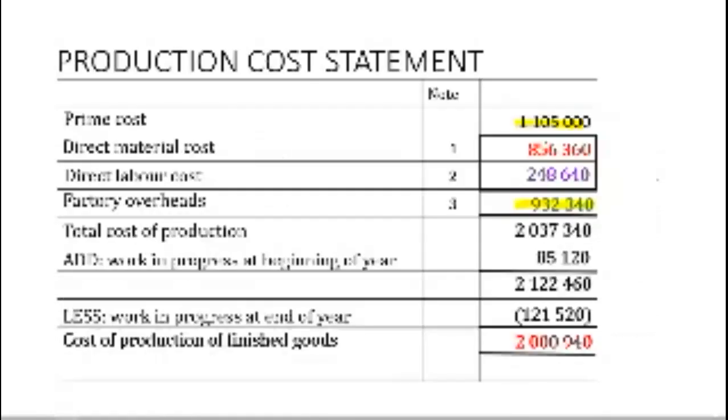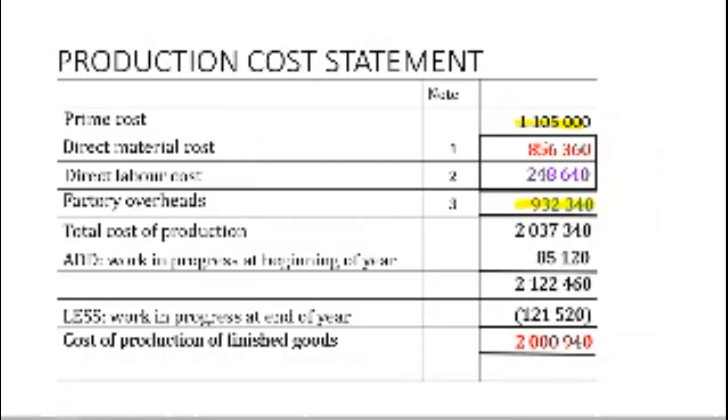Let's say they ask you to calculate cost of producing each unit. When they ask you for cost of producing each unit, you are going to take that 2,940,000 and divide it by the number of units produced. That's how you get the cost of producing each unit, because whatever you get as the total in your production cost statement represents the total cost of manufacturing all your products.